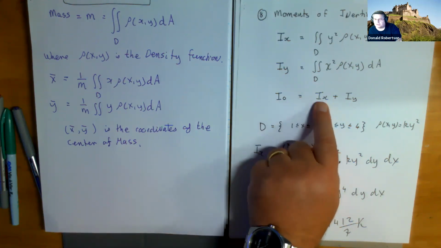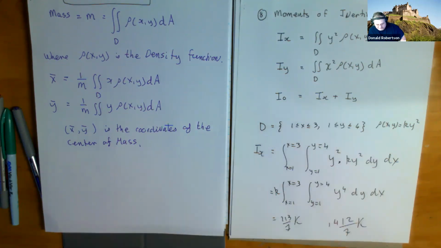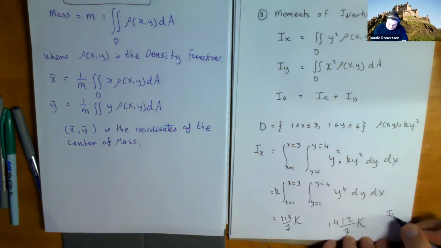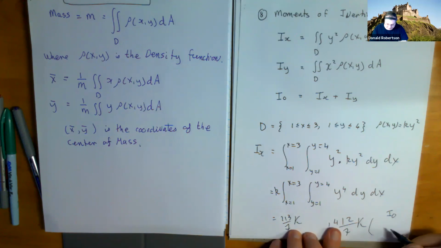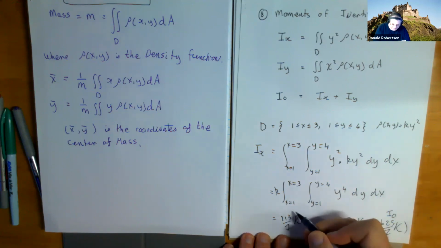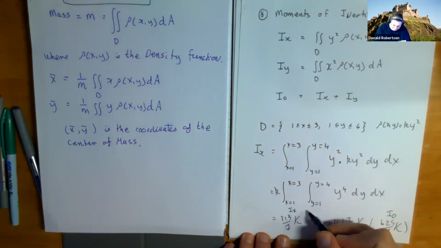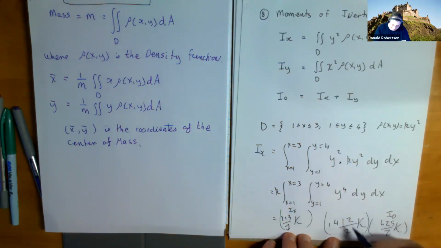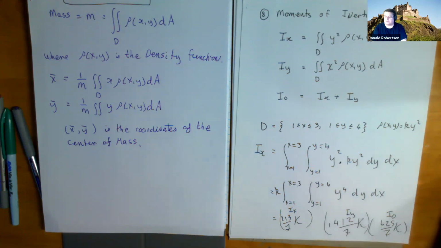Whatever it is, evidently you add these two together. So I would add these two together, and that would get me I naught. This is 600 and gone, my pretend answer. That would be Ix, we pretend that would be Iy, and there's your I naught.